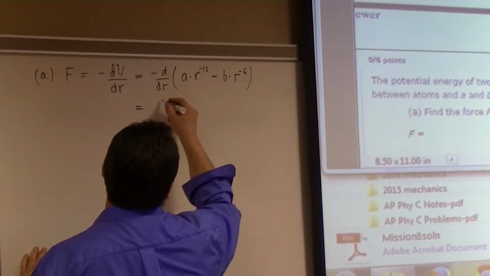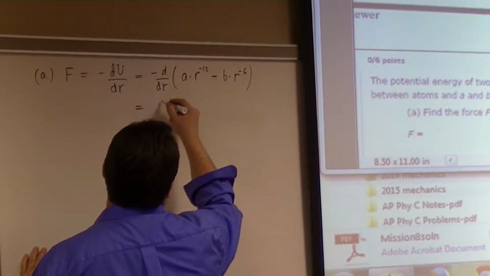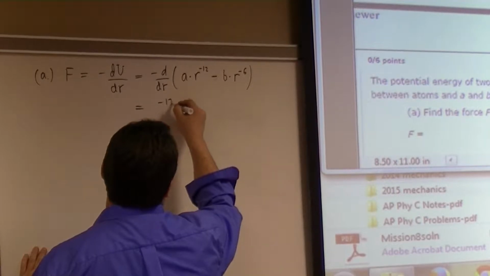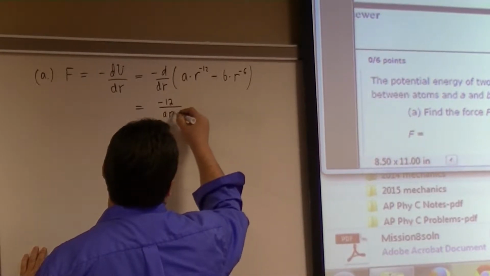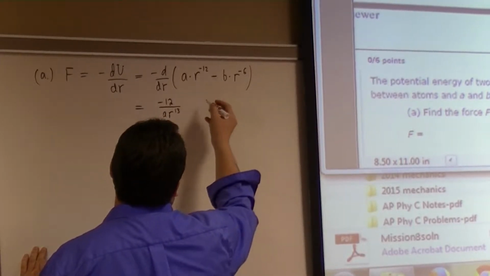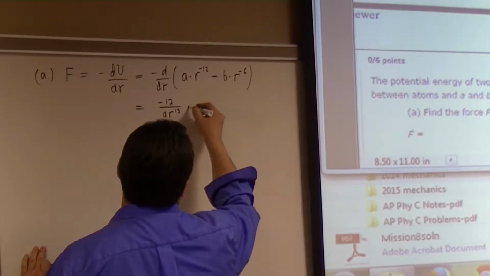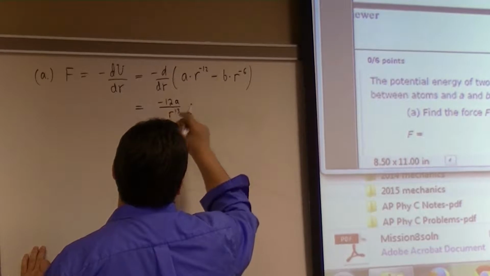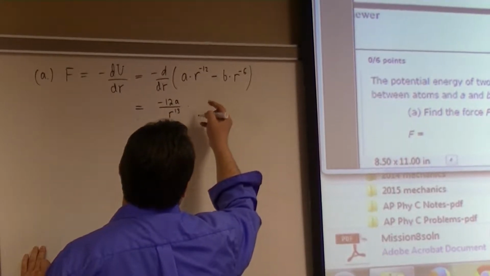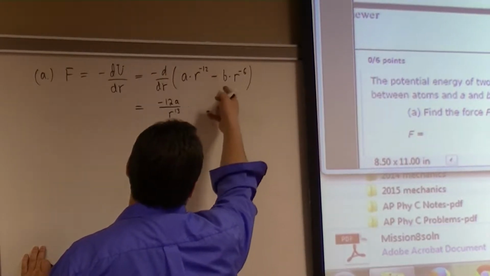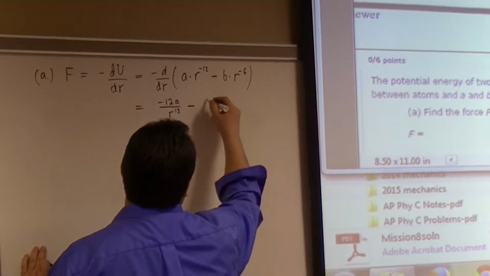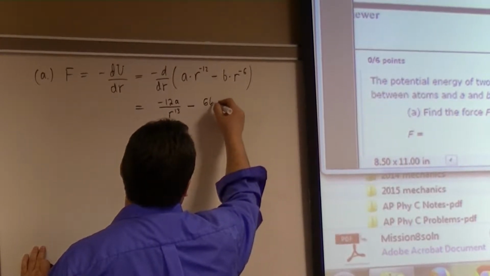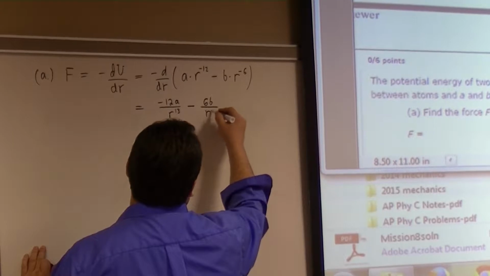We have what? Minus 12 over A R to the 13th. The A's on top. Yeah, why is it? Oh, I'm sorry. Good job. How many minuses do I have? Minus, three minuses. Minus 6B over R to the 7th.